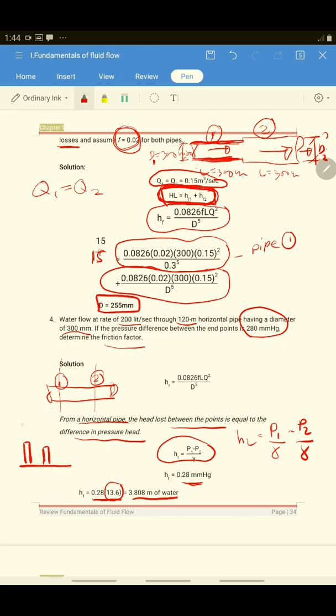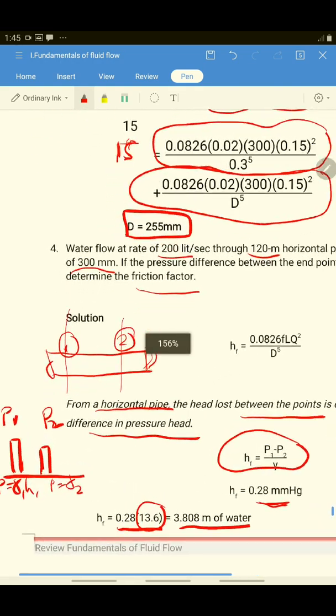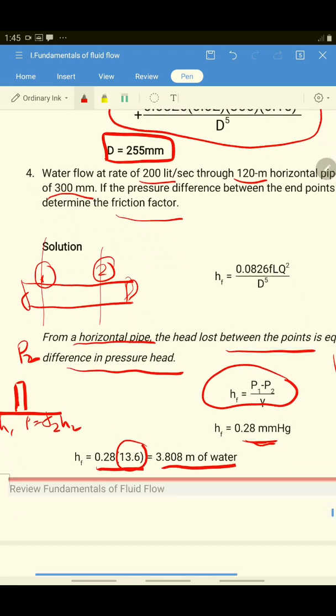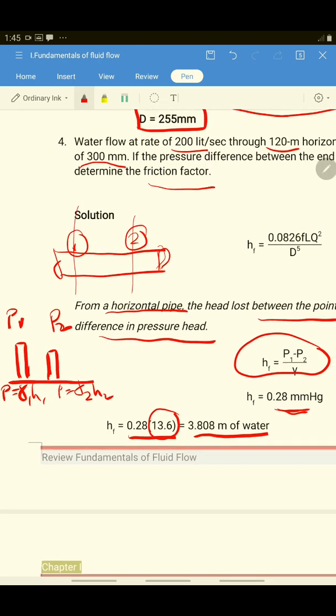For example, if this is your fluid 1, we can have P1, and this is your P2, which is your fluid 2. They have the same pressure. You have gamma 1 H1 for fluid 1 and gamma 2 H2 for fluid 2. Since P1 is equal to P2, gamma 1 H1 is equal to gamma 2 H2.